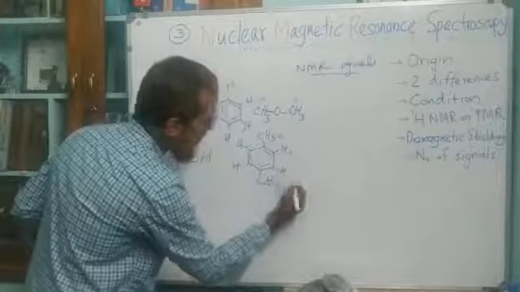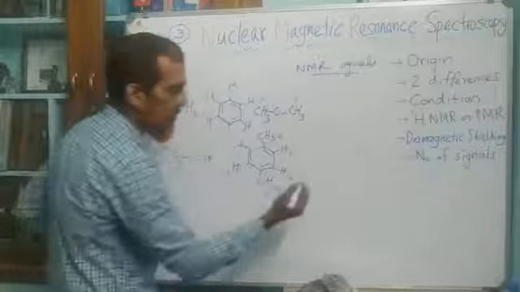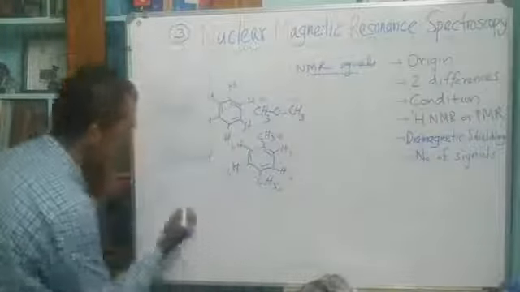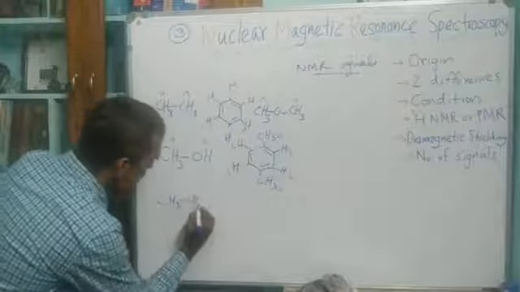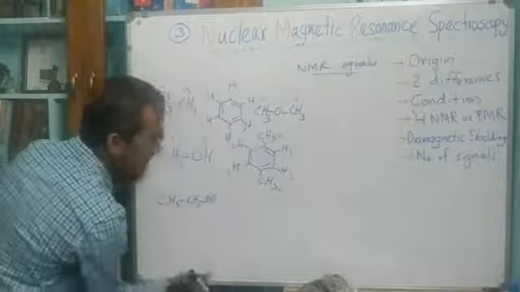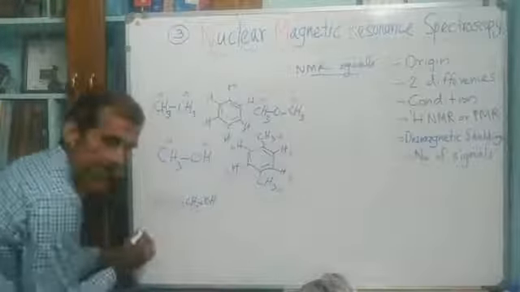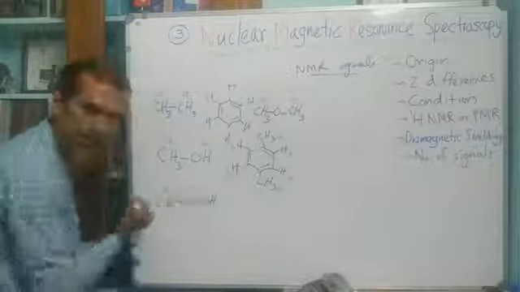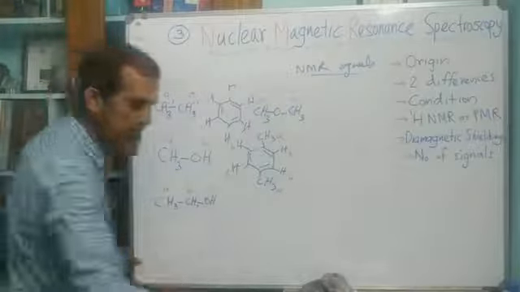If this is B, these are all B. So there are two different sets of protons, so there are two signals. Finally, if you take another example, CH3CH2OH. You can label them. If this is A, this is in a different bonding condition, right? The chemical environment is different, the connectivity is different, and this is C. You will get 3 signals.